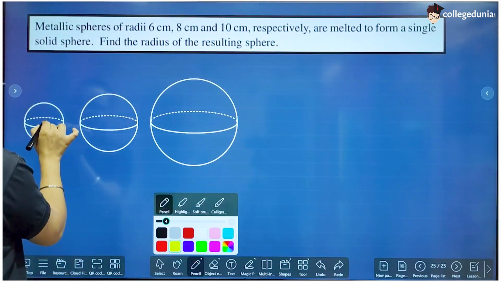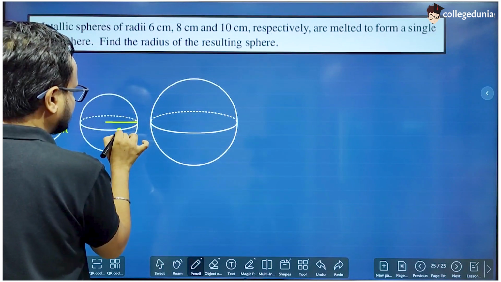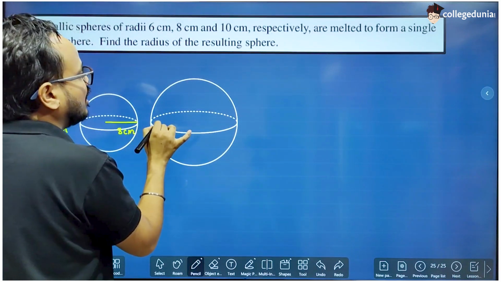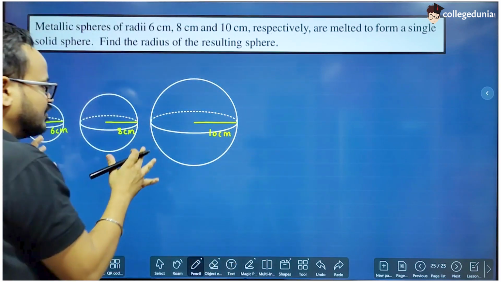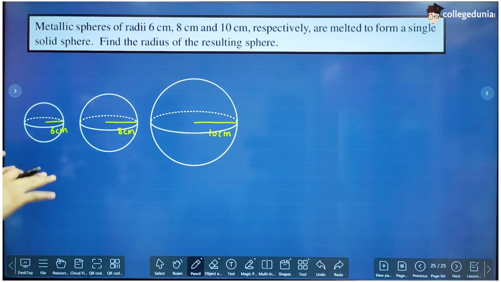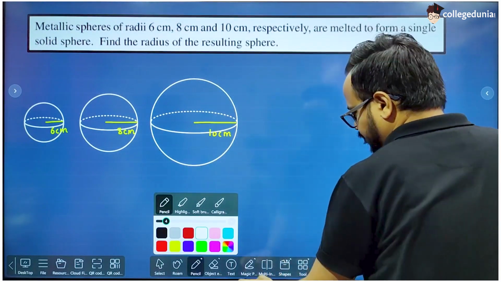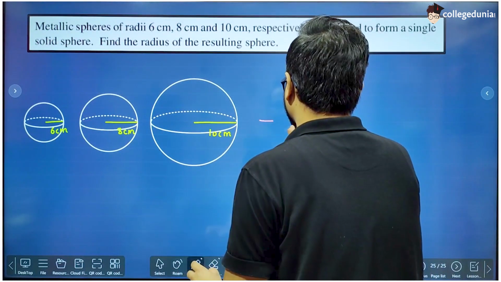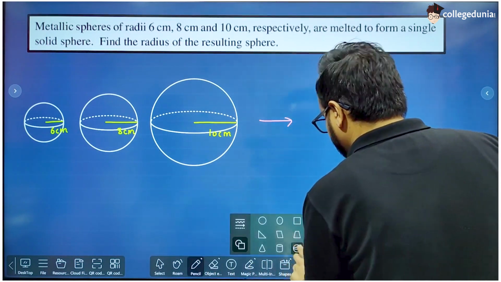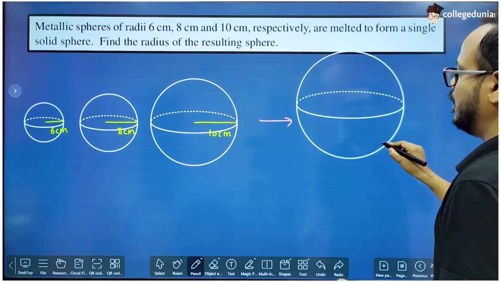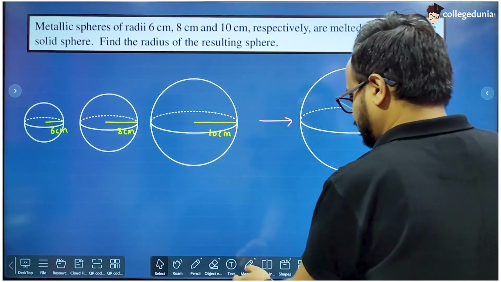We had 3 spheres, 6 centimeter, 8 centimeter and 10 centimeter. All of these three are melted and they are mixed, and a new sphere is formed. Obviously that will be a big sphere. So this is the new sphere, and we have to find the radius of this resulting sphere.